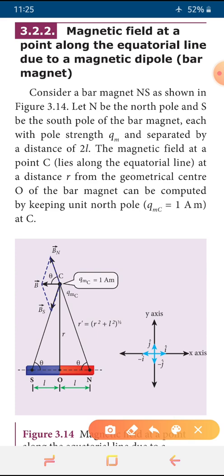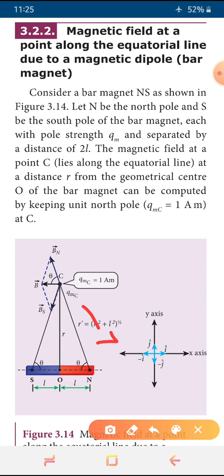And see the hypotenuse side. Take the triangle CNO. In the triangle, this side is acting as the hypotenuse. For this hypotenuse, we can write with the Pythagoras theorem, R square plus L square is equal to R dash square. So this hypotenuse is taken as R dash.